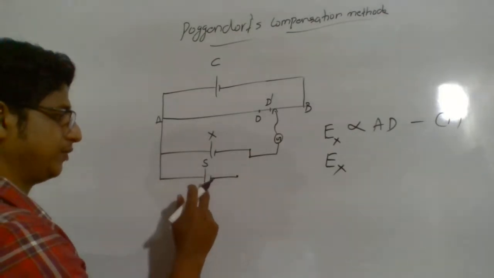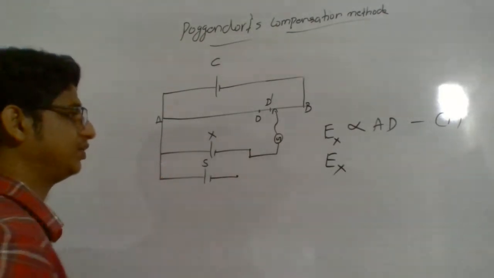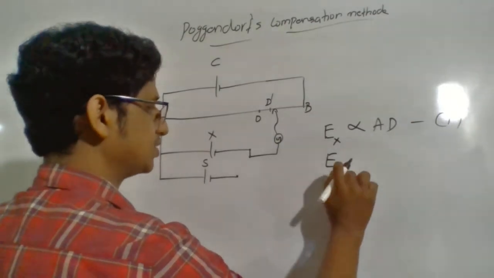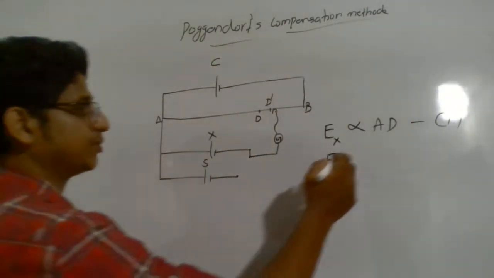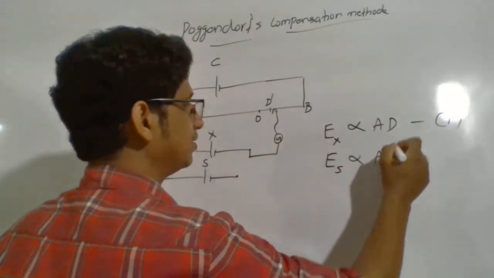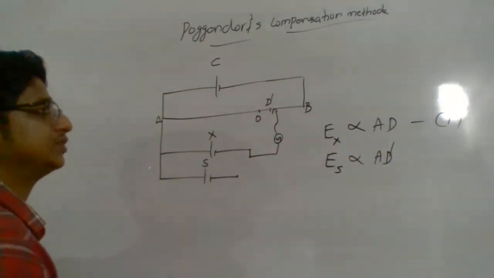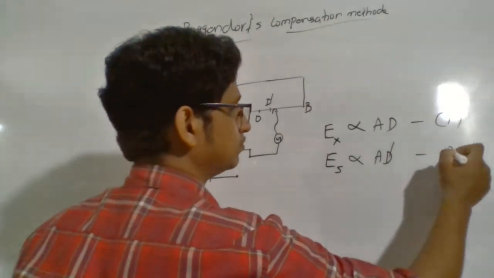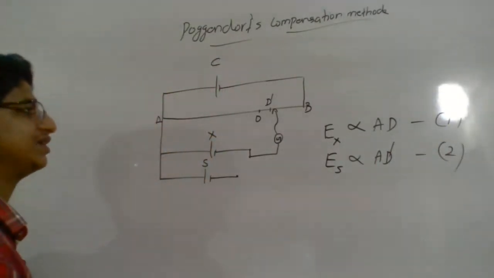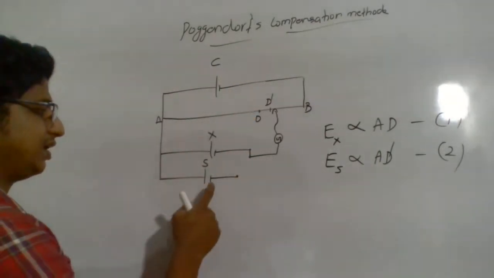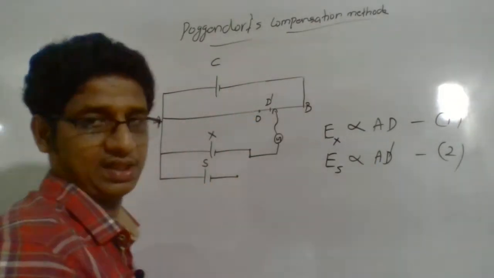And the EMF of this standard cell we already know, so let's keep that in mind. Let it be ES. So ES is proportional to AD dash, because this time we got the balancing length at AD dash. Let it be equation 2. That is the balancing length at which the external EMF balances the EMF of the standard cell.